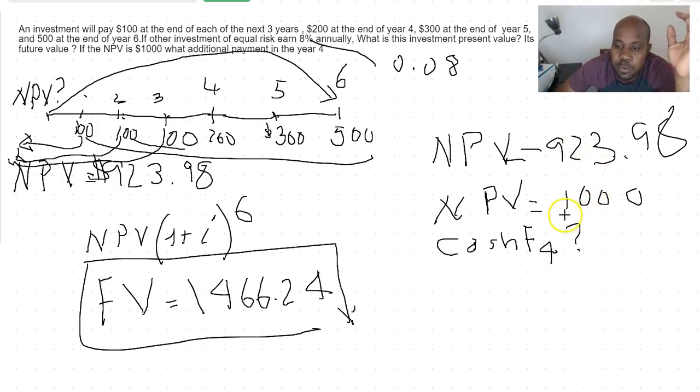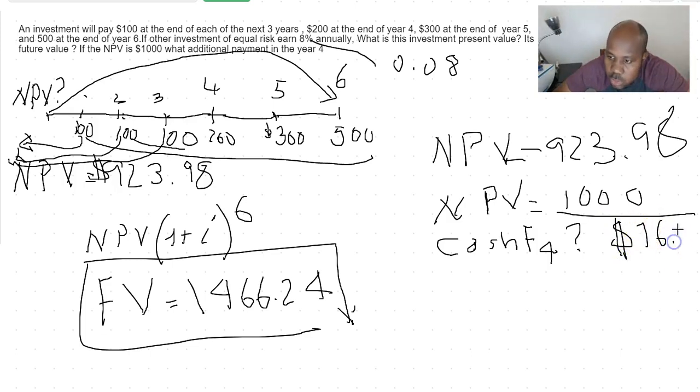The way to do it: I'm just going to take the difference between those two net present values. Let's find out. I have $1,000 minus 923.98. That gives me the difference, which is $76.02.